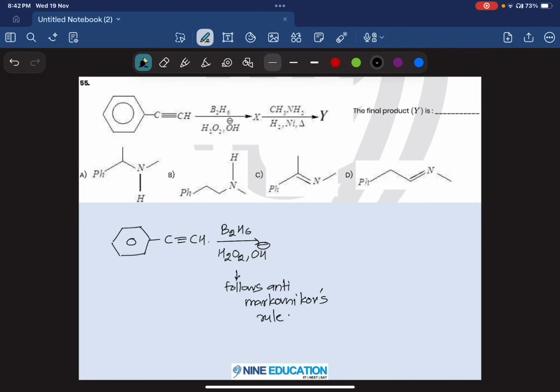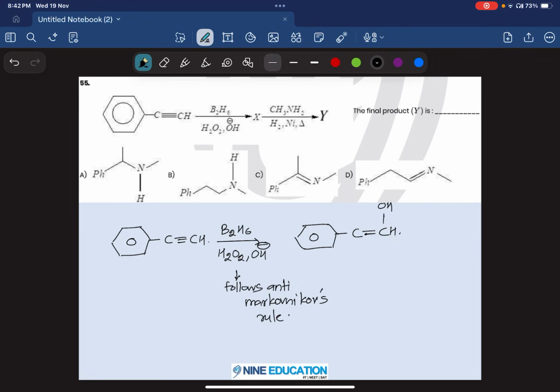So the OH group is added to the terminal carbon in diborane, generally that is the less substituted carbon. That means your OH group is added to the corner carbon here, and one of the double bonds is broken, OH and H. This is what happens whenever oxidative hydroboration happens. And this, you can call it an enol.